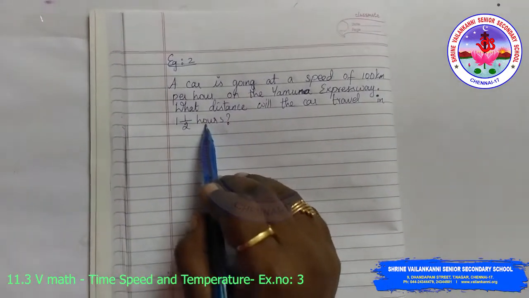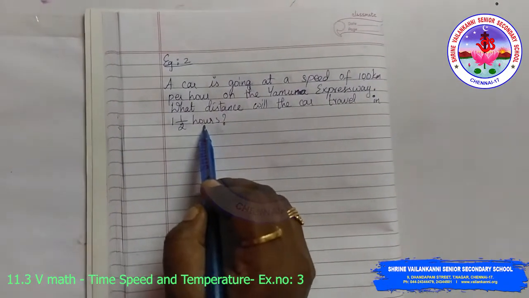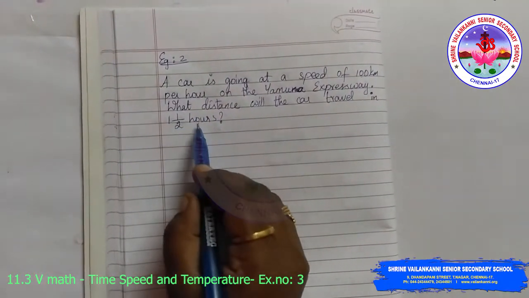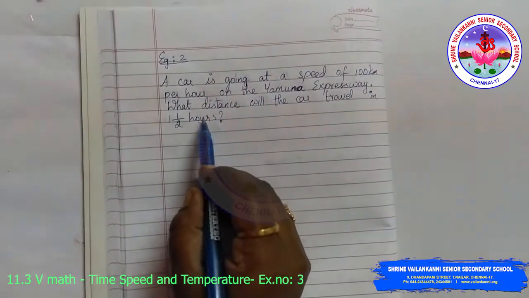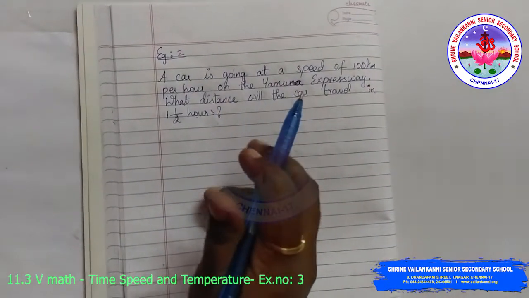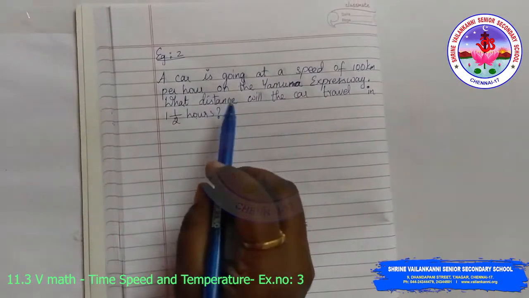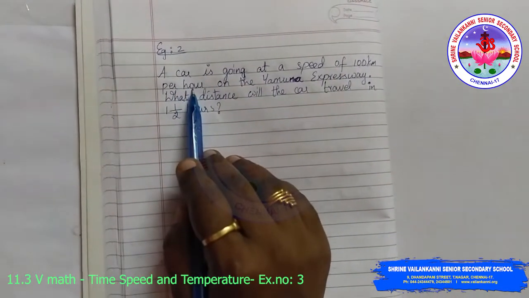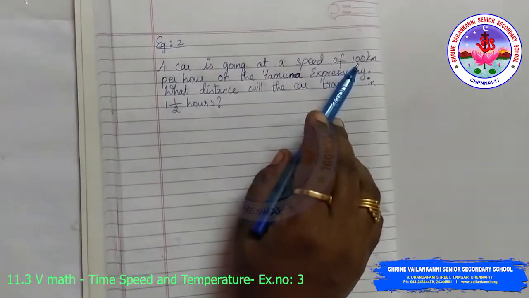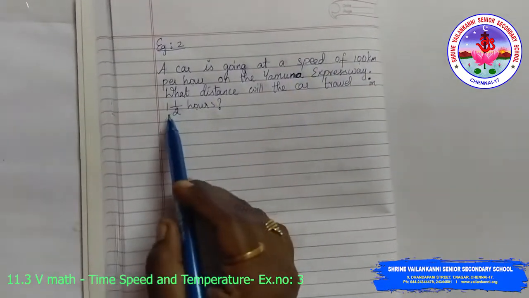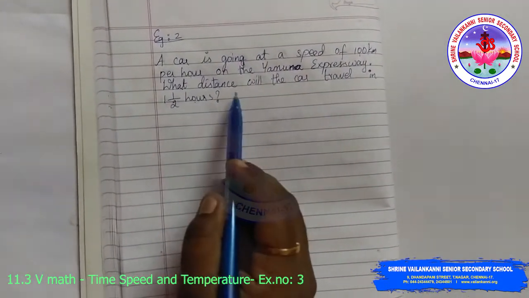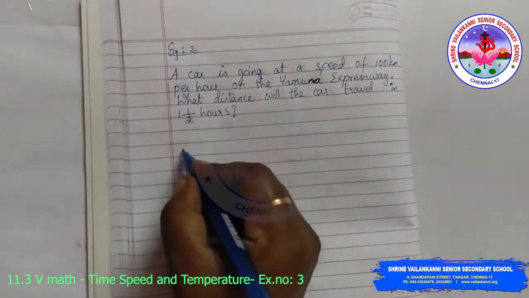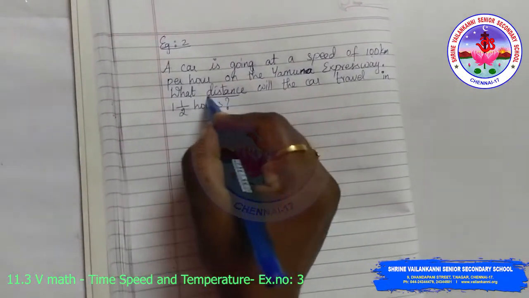The time taken is 1.5 hours. If the car travels 100 km in 1 hour, for 1.5 hours how much distance will it cover? That is the question. So we are going to find the distance.